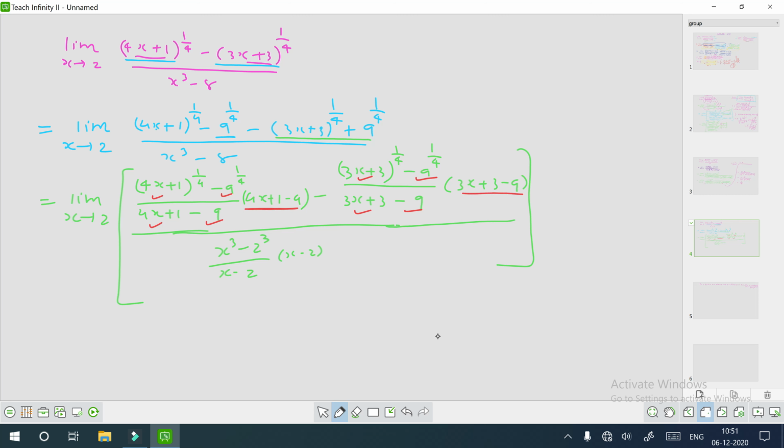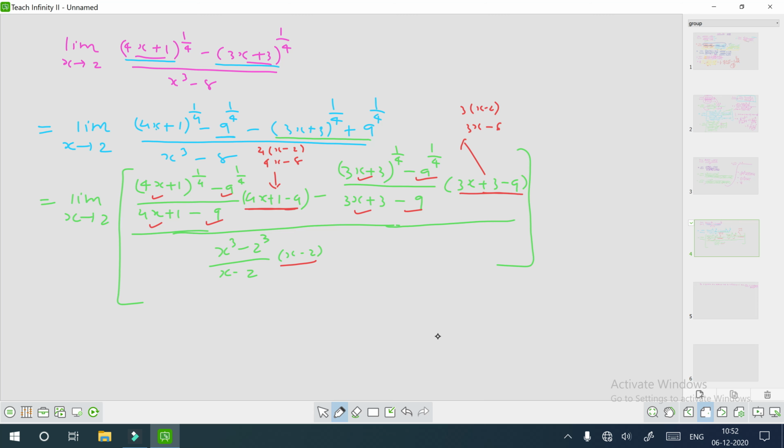Here 3x minus 6. 4x minus 8, here we get it. 3x minus 6. If I take 3 common, then x minus 2. 4 common, then x minus 2. Now here x minus 2 factor, here also x minus 2 factor, and the denominator quantity also has the x minus 2 factor.